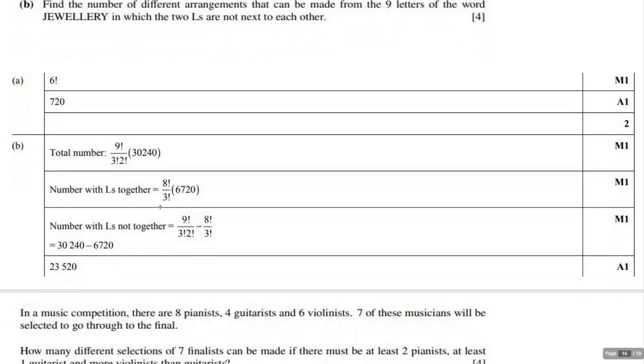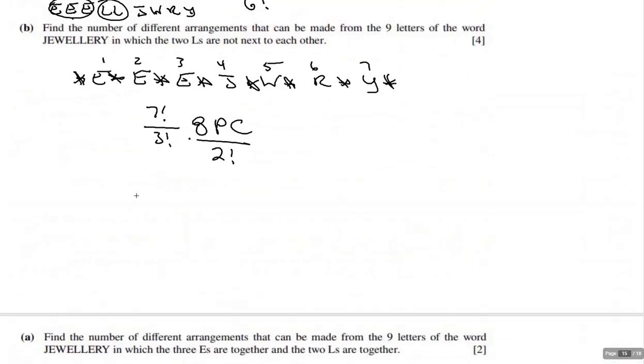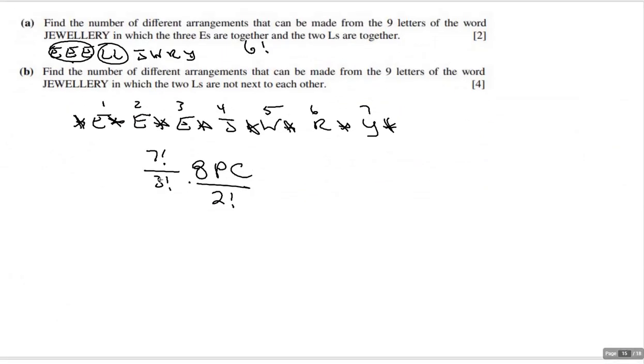Oh, they did it. They subtracted it. Let's see if we get the same thing. What do you get when you do this? Oh, why'd I do this? 8P2, right? $23,520.